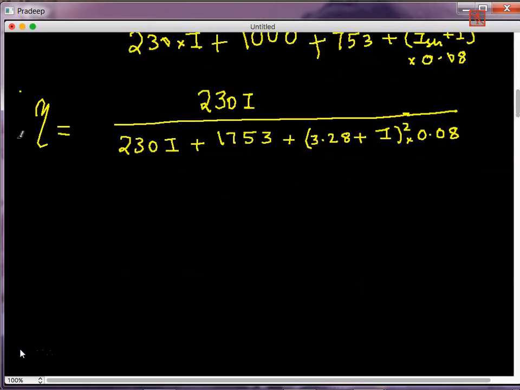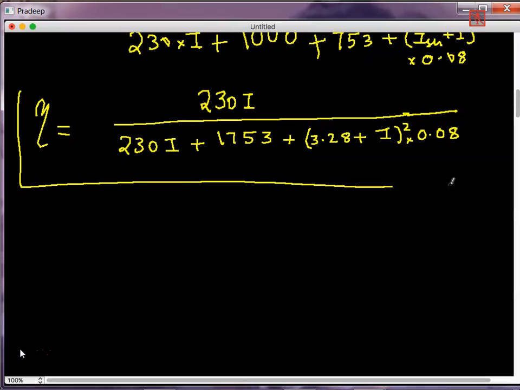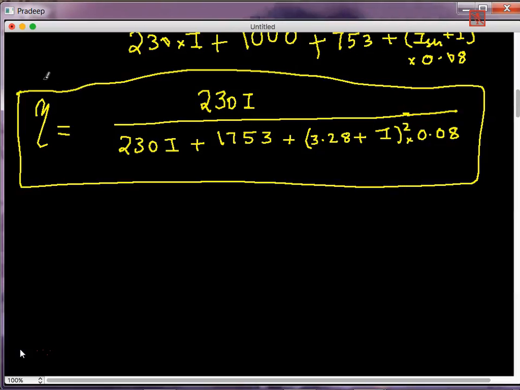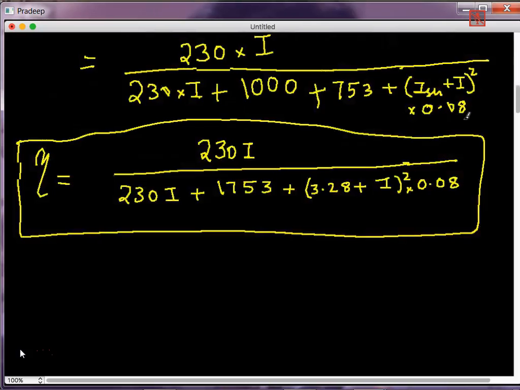For generating a plot for this, let us use a MATLAB interface. Let me open that. Just give me a minute.